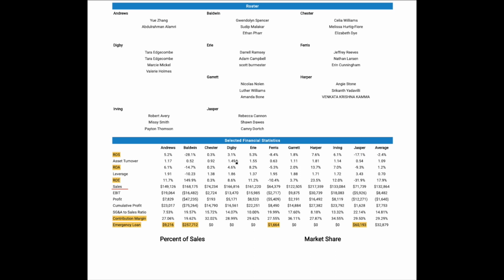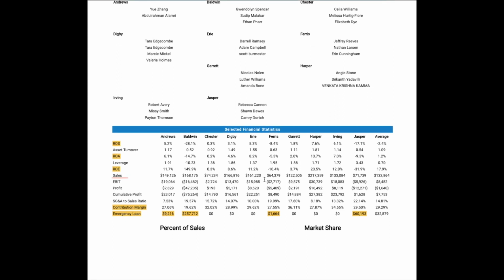If your team has a negative rate on any of these, your team needs to pay much attention, because most likely your team may run into an emergency loan if you have a negative rate on those three very important indicators. As we mentioned before, some of the teams are getting into an emergency loan.